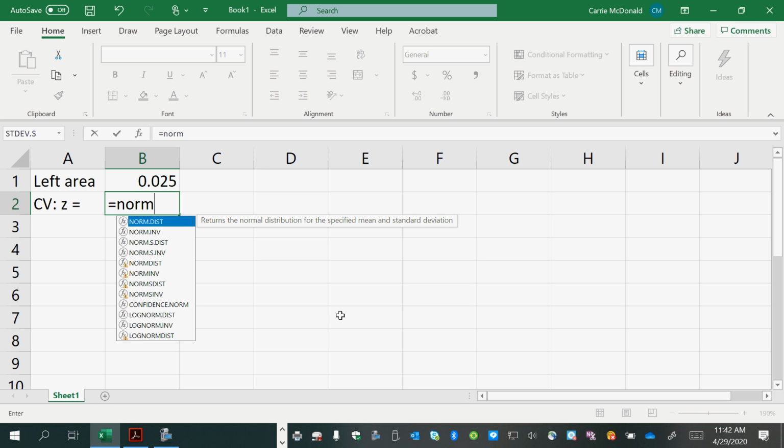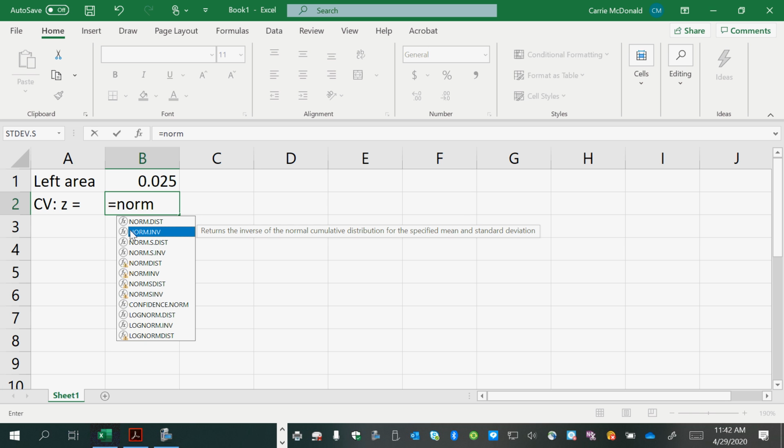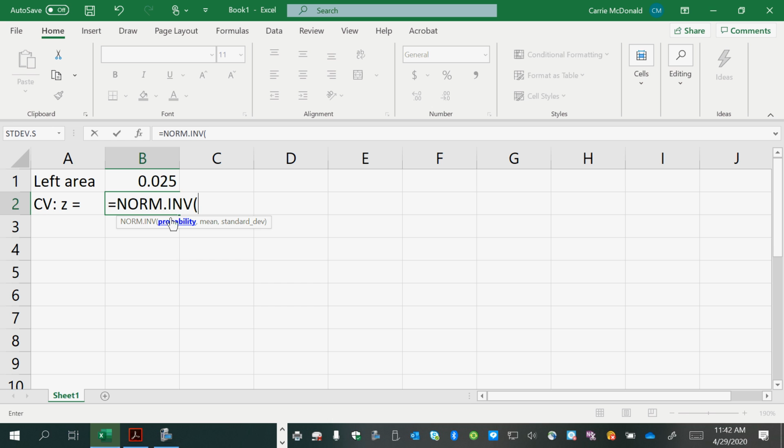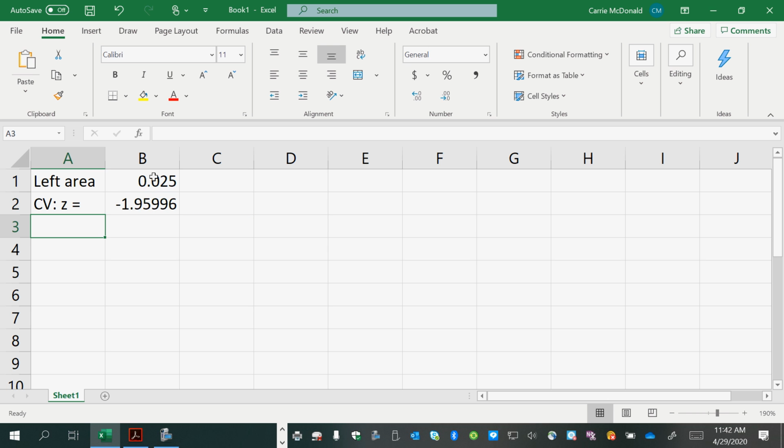Now, one of these is distribution, one of them is inverse. When you're looking for an area, you use distribution. When you're looking for a boundary, you use inverse. The probability on the left, the mean of 0 for all z-scores, and the standard deviation of 1 for all z-scores. And there you have negative 1.96. The absolute value of this is positive 1.96.